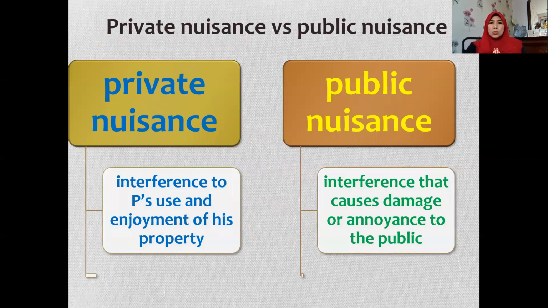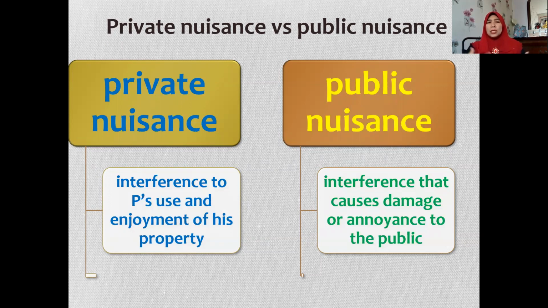This one is just to show you the comparison of private and public nuisance. So public nuisance focuses on the damage or annoyance to the public property, which is shared with the public. But for private nuisance, the emphasis is on the use and enjoyment.